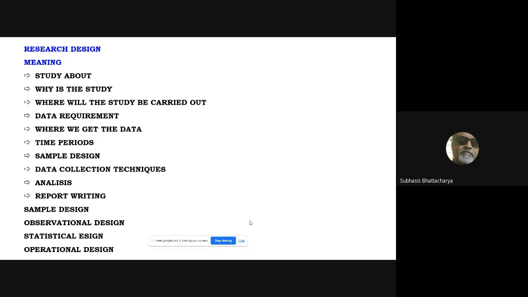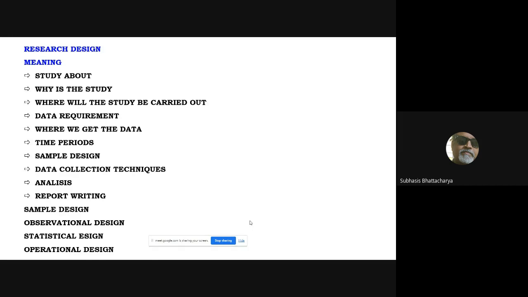So when you construct a research design, what is your first question? What is the study about? Then, why is the study being made? Where will the study be carried out? What type of data is required? Where can the required data be found?